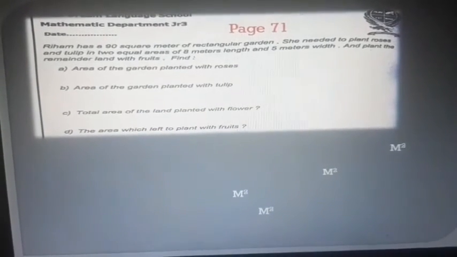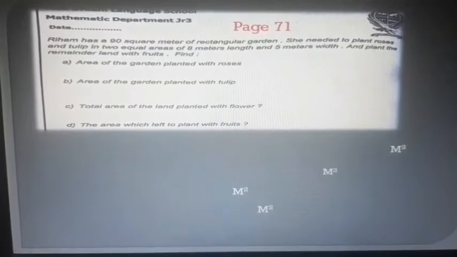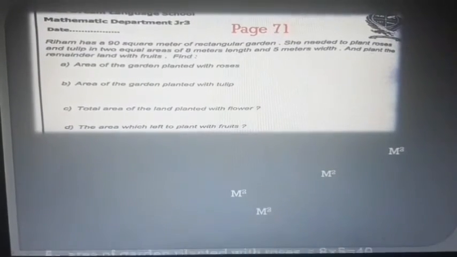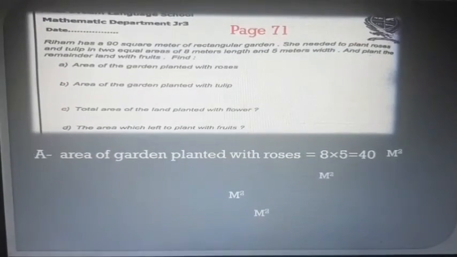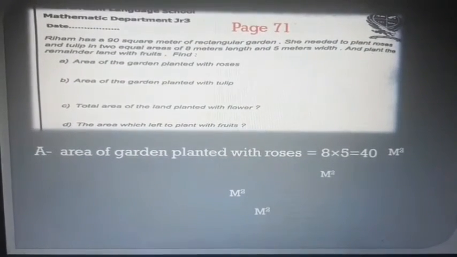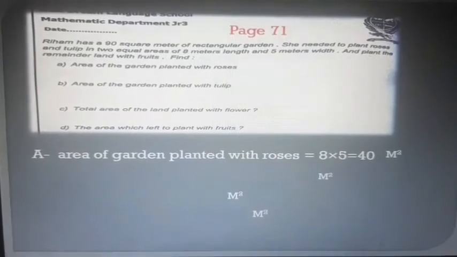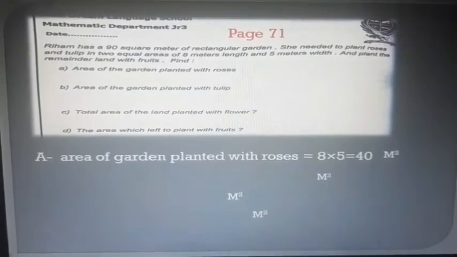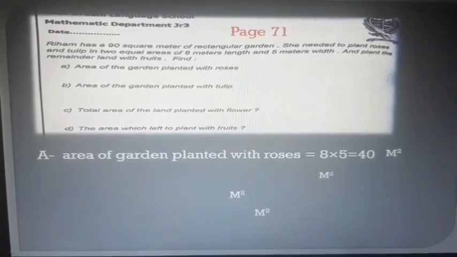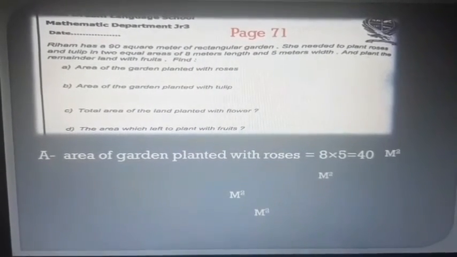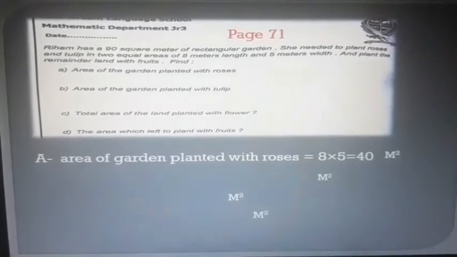Okay, to get the area planted with roses, I will make 8 times 5. Because he said above, she needed to plant roses and tulips in 2 equal areas with 8 meter length and 5 meter width.